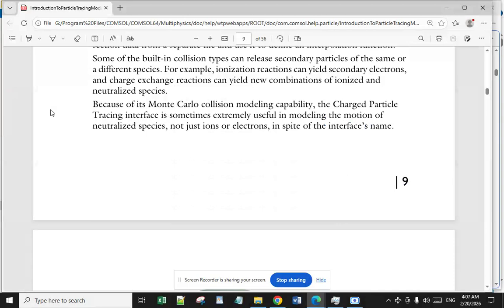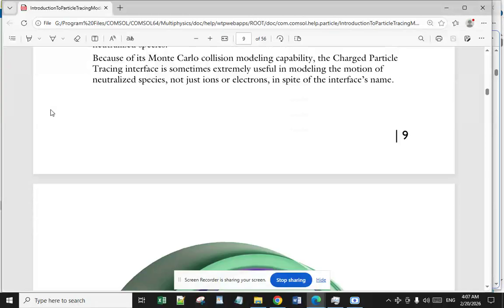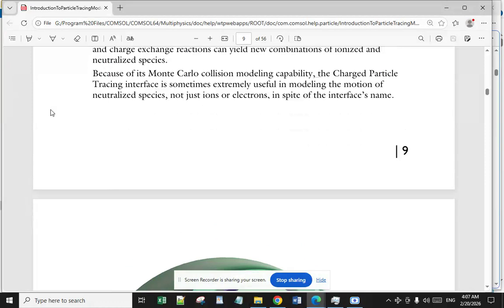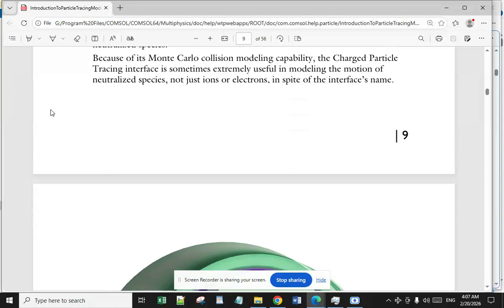For example, ionization reactions can lead to secondary electrons, and charge exchange reactions can yield a new combination of ionized and neutralized species. Because of its Monte Carlo collision modeling capability, the Charged Particle Tracing interface is extremely useful in modeling the motion of neutralized species, not just ions or electrons, in spite of the name of the interface.